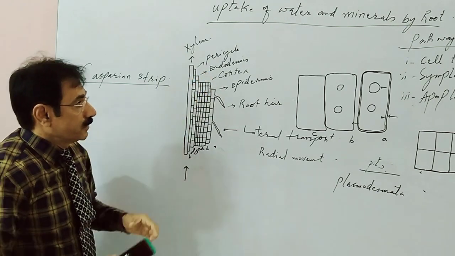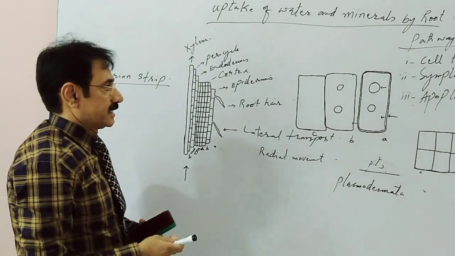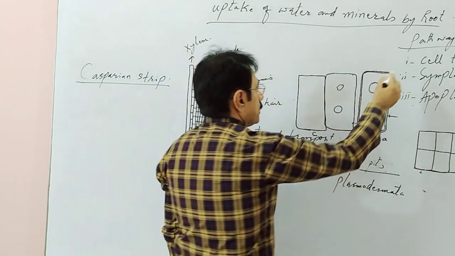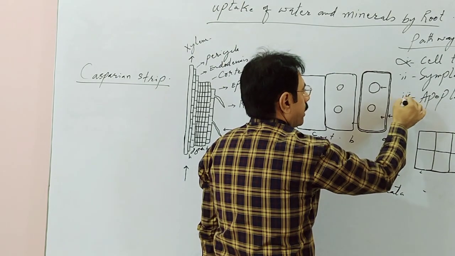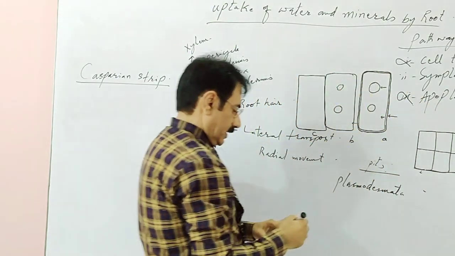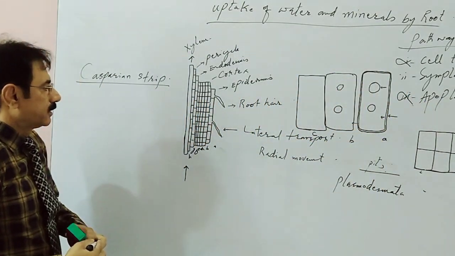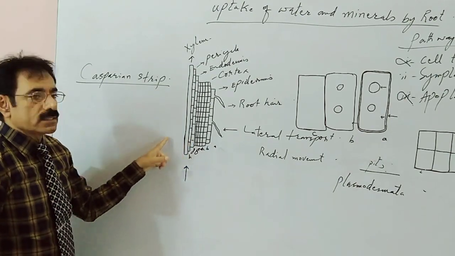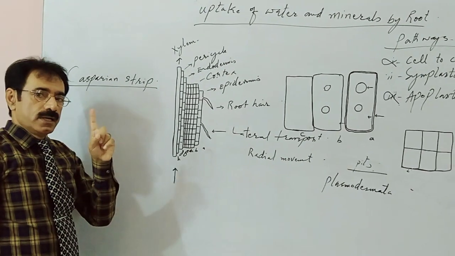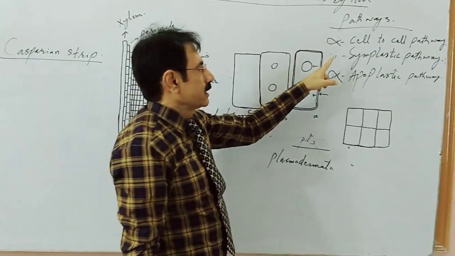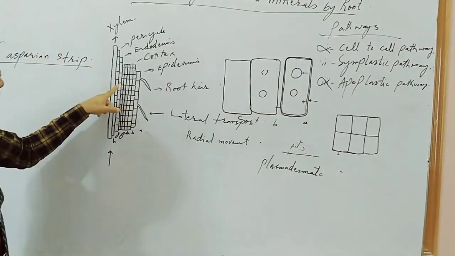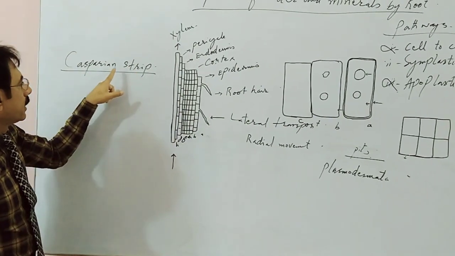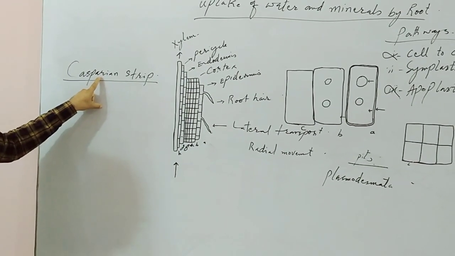The cell to cell pathway and the apoplastic pathway are now not used to cross this barrier. There is only a single pathway, the symplastic pathway, to cross the barrier. Here the barrier is the Casparian strip.